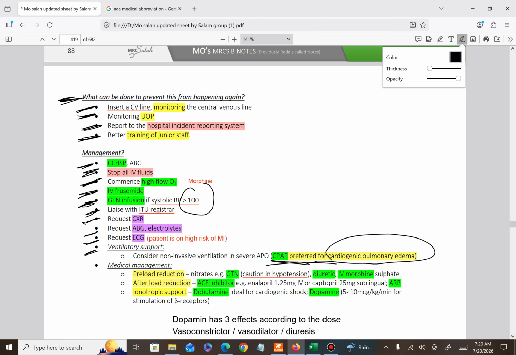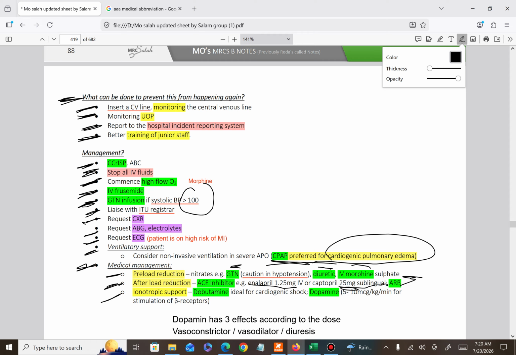Okay, non-invasive ventilation. Medical management can be preload reduction by giving nitrates like GTN, diuretics and IV morphine sulfate. Afterload reduction can be done by the ACE inhibitor like enalapril 1.25 mg IV or captopril 25 mg sublingual and angiotensin receptor blockers.